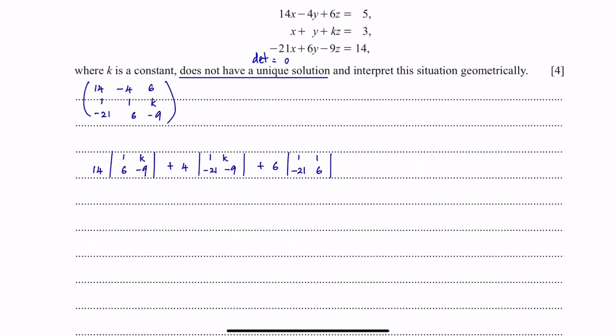Basically, when you take 14, you cover up this row and this column, and this will be the matrix that you have to put here. For -4, because the signs are plus, minus, plus, minus minus 4 gives you +4, and you cover up this row and this column. So this will be the matrix here. And for 6, you cover up this row and this column, and this will be the matrix here.